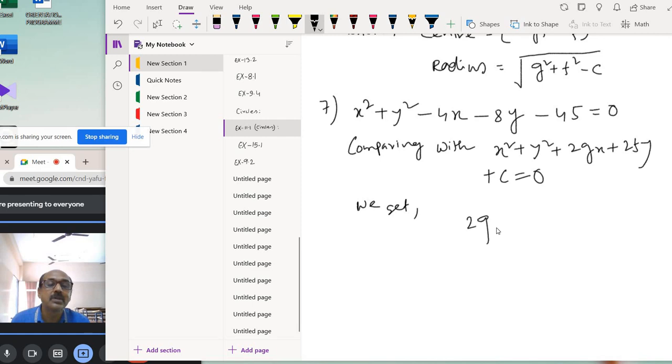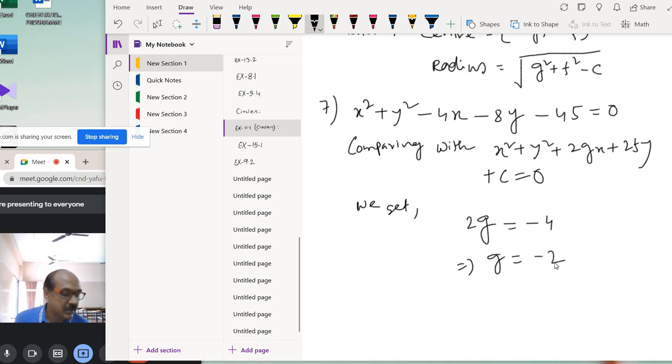So 2g equal to minus 4, then g equal to minus 2, then minus g equal to 2.